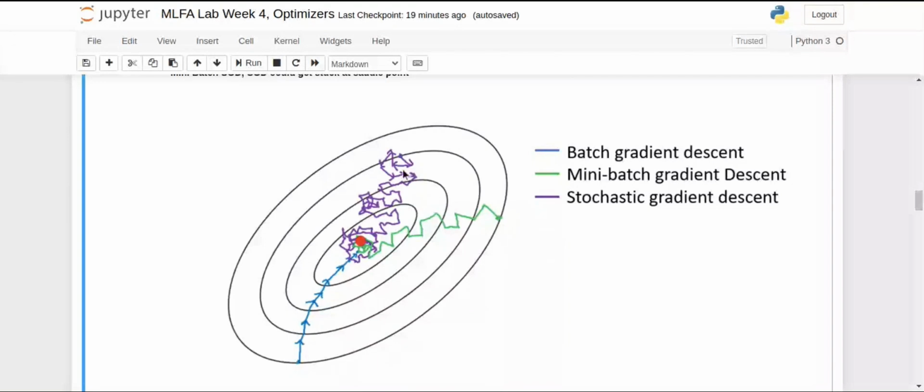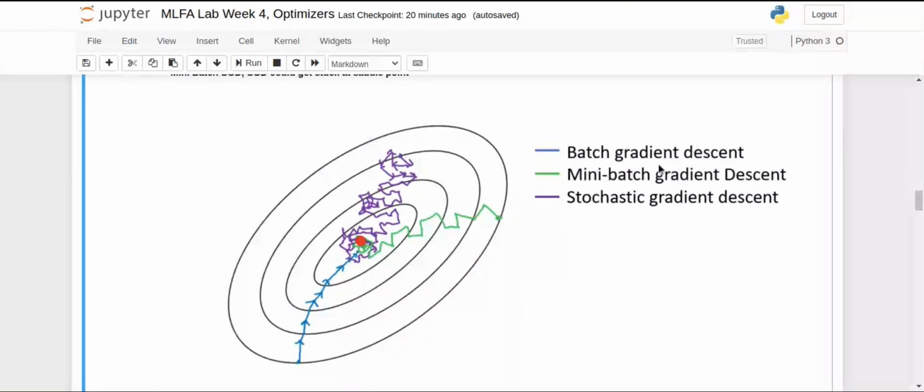You can see that stochastic gradient descent takes one random point from the training data set and does the whole process. It will take several steps, 1 2 3 4 5 6 7 8, like that, to reach the minima.